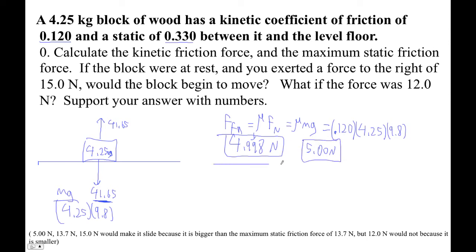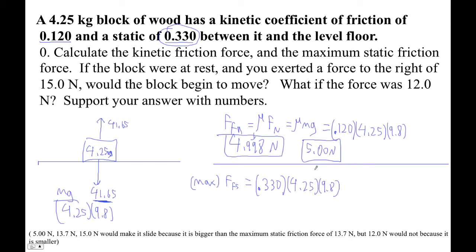And now let's figure out the maximum static friction. This is as high as that static friction can get, so I'll write max. It's not always that. It's whatever it needs to be. In fact, if the thing's sitting on the surface and nobody's pushing on it, there probably isn't any sideways force. But we just use that bigger coefficient, 0.33, times 4.25 times 9.8.